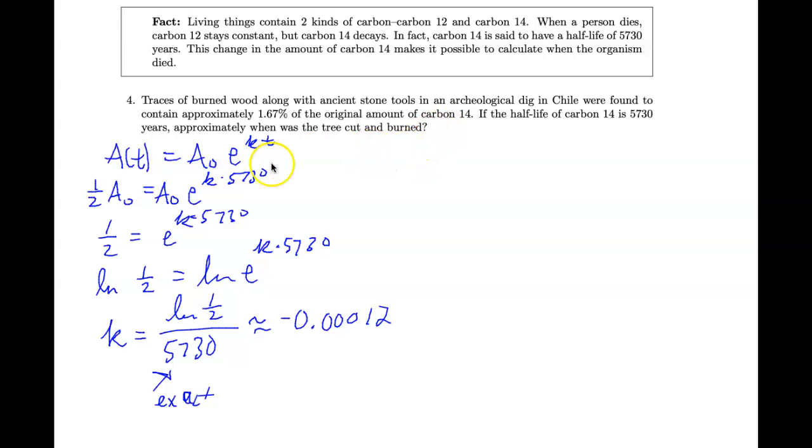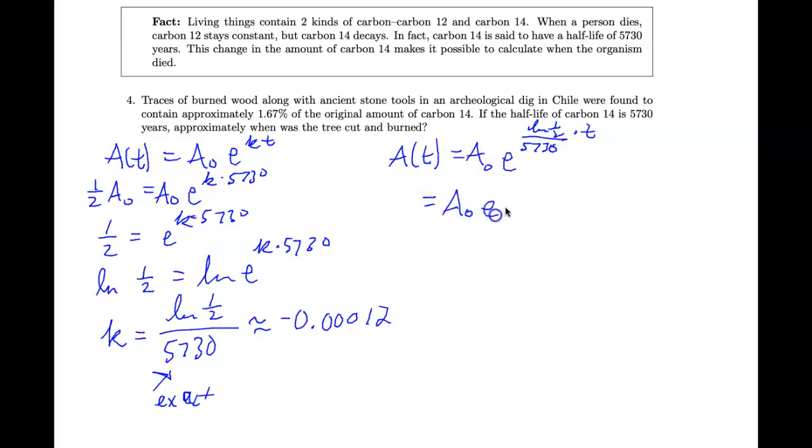And so what our equation will look like is A of t equals A0 times e to the natural log 1/2 divided by 5,730 times our t. And so we can leave it like this, but if you recall in one of the other videos, we were able to simplify this. So let's proceed to do that again.